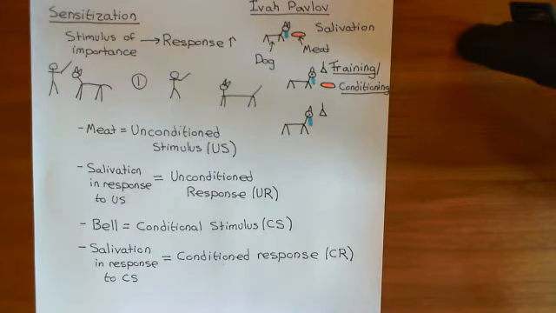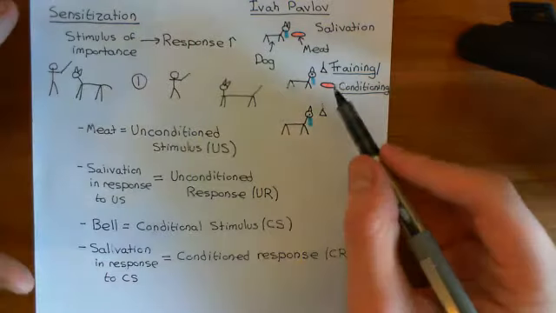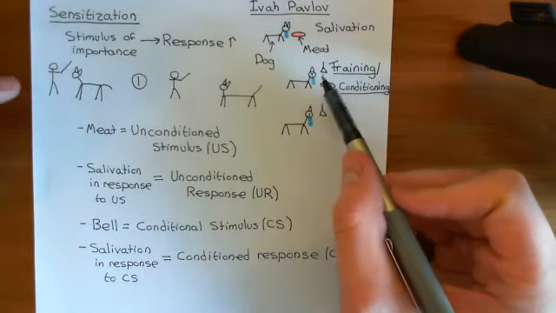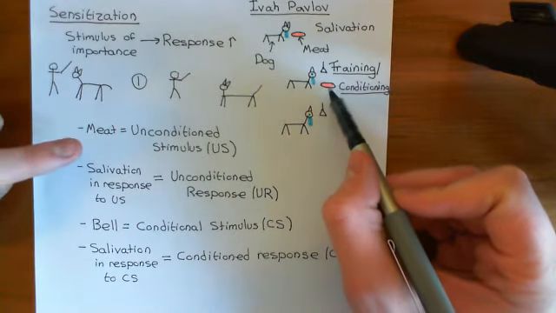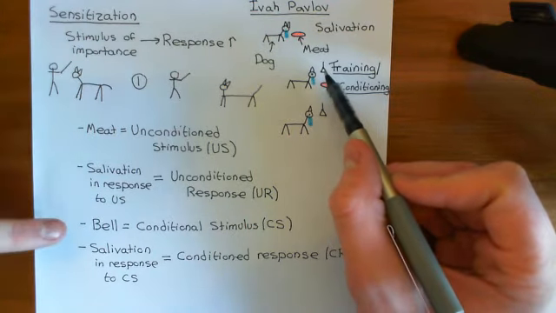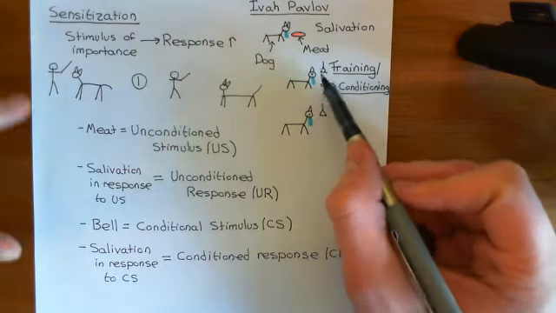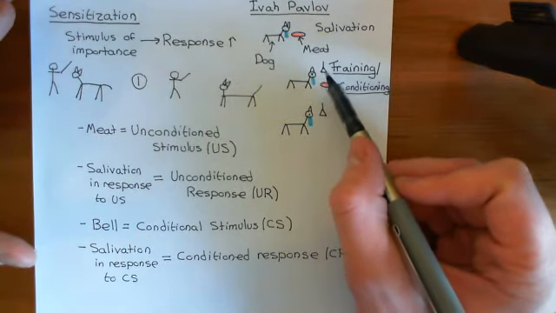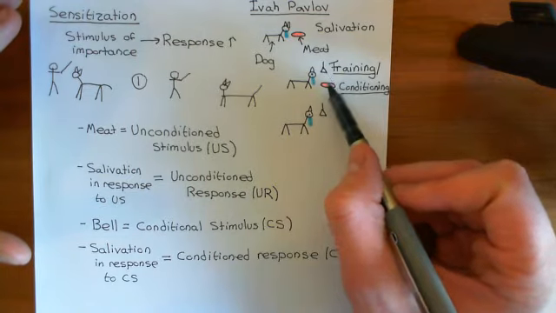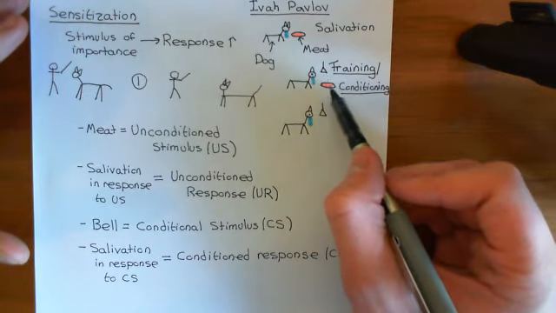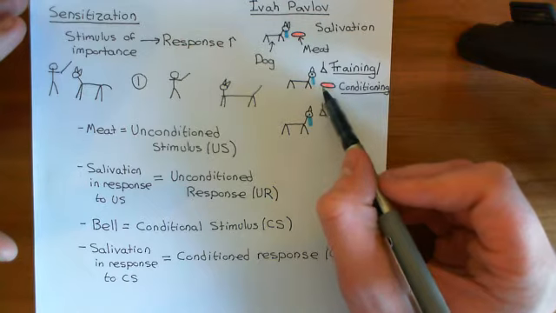What I just need to add is that if you want this to work, you need to have the unconditioned stimulus, the meat, and the conditional stimulus, the bell, paired nearby. Either you ring the bell at the same time as you present the meat, or you ring the bell just before you present the meat.